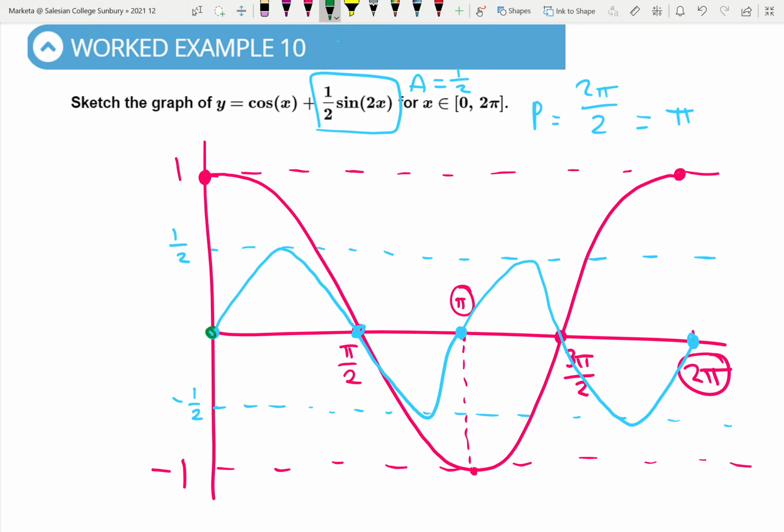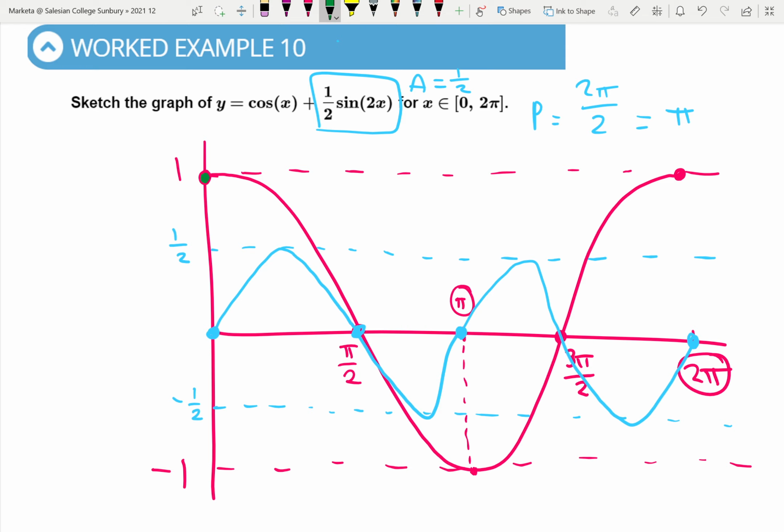So here at 0, you've got 2 points. You've got 0 here, and you've got 1 here. So 0 plus 1 equals 1. So your green dot, the addition of those two, is going to be on that same spot.